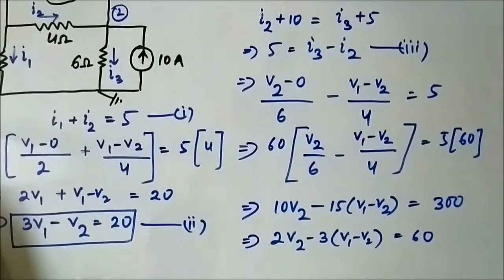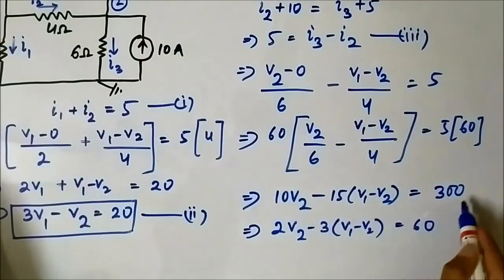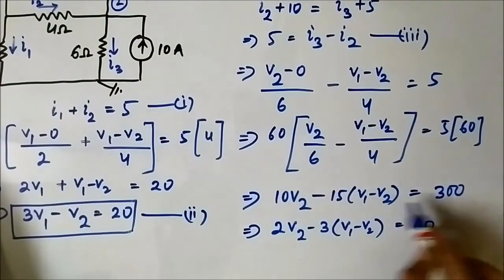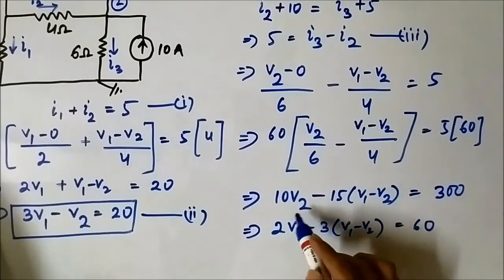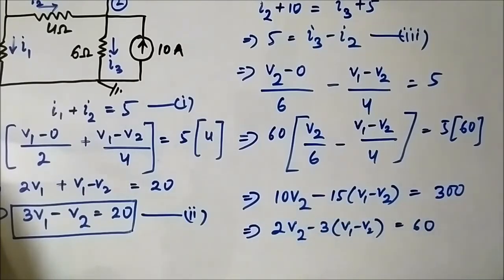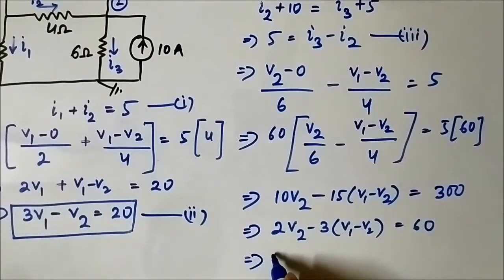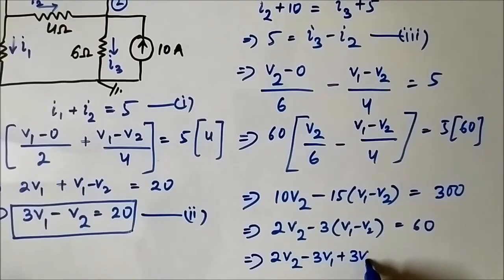We have divided this equation by 5 on both sides: 10V2 minus 15 into (V1 minus V2), and 300 by 5. So it will become 2V2 minus 3V1 plus 3V2 is equal to 60.